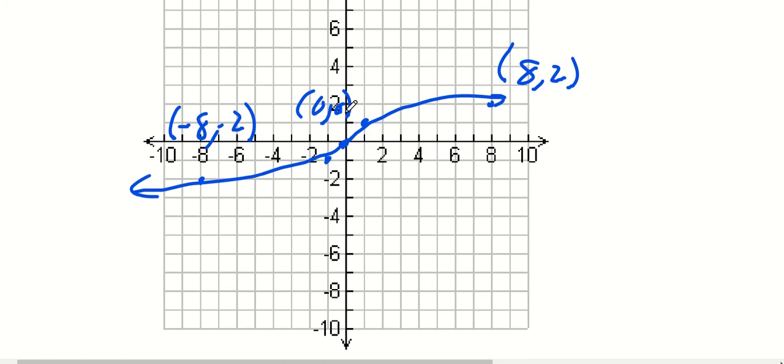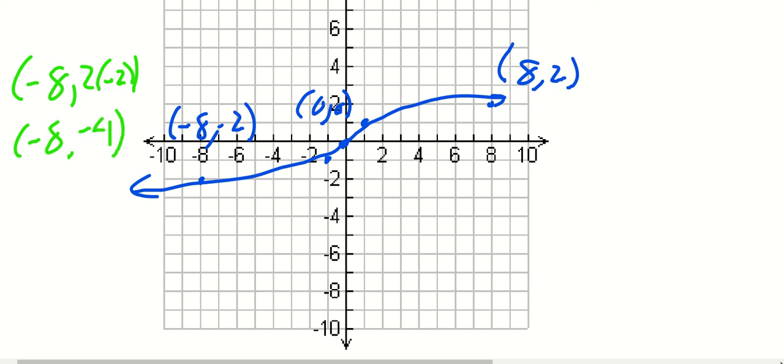So for example, if -8, -2 is on the graph of f, then the point -8 comma twice -2, which is -8, -4, is going to be on the graph of g. That would be right here. If 0, 0 is on the graph of f, then the point 0, comma 2 times 0, which is simply 0, 0, will also be on the graph of g.